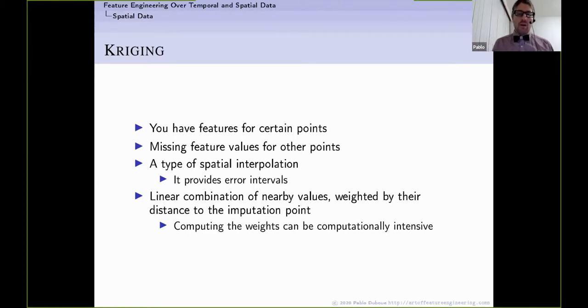So in the example we are going to see, we know the elevation of different cities. We can assume a smooth movement of elevation, and that way we could find the elevation of any point on the map, particularly the points for which we have a GPS location. So that's the type of thing for which kriging is very useful.